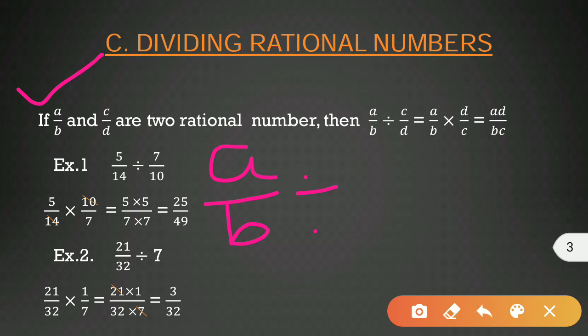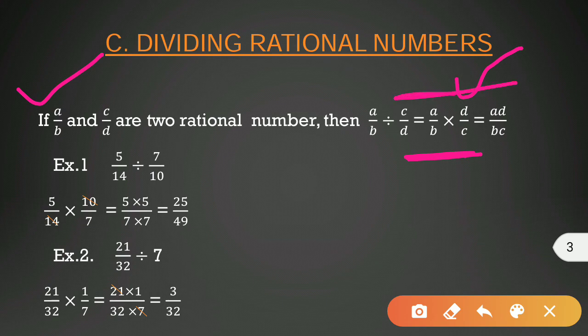Here a by b divide c by d is written. So when you convert, a by b multiply d by c, the denominator will become the numerator and the numerator will become the denominator. Now you already know how to multiply two rational numbers.